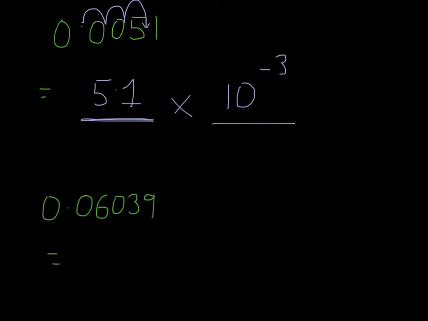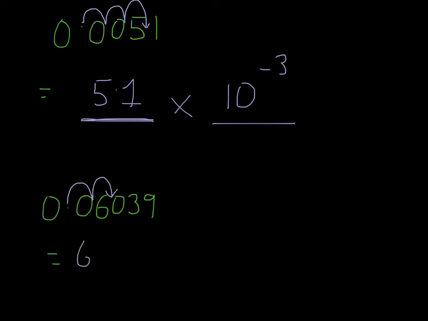Obviously, the other thing to look for is if it's a number that is less than 1, then that's a clue that it's going to have a negative power. So we've moved the decimal point 3 times, moving it 3 times back in the negative direction. Same thing with this one. To create a number between 1 and 10, we only need to move it twice in this case.